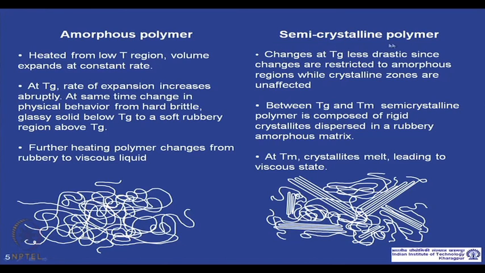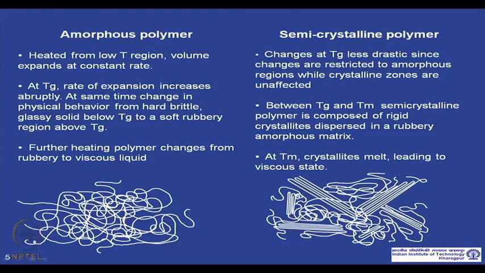Similarly, if you take a semi crystalline polymer and heat it, after the Tg, the change in the polymer behavior is less compared to a purely amorphous polymer, because here part of the polymer material is amorphous, part is crystalline. So, changes at Tg are less drastic, since the changes are restricted to amorphous regions only, where the crystalline regions are unaffected.